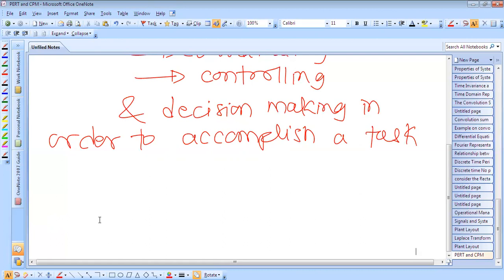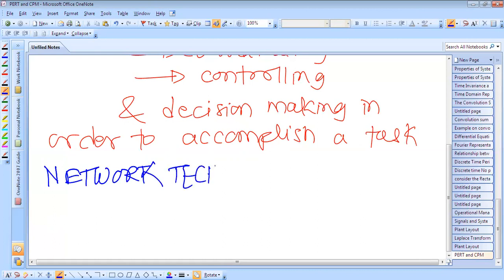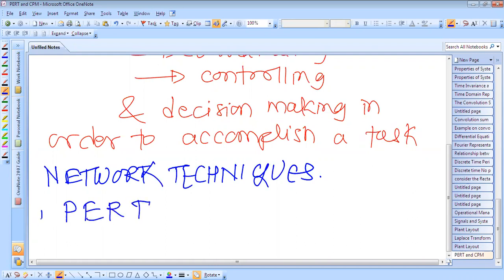Therefore, some recent techniques, network techniques, are generally used for the analysis of networks. There are a number of network techniques, and out of those we have to study only two which are in the syllabus, that is PERT and CPM.